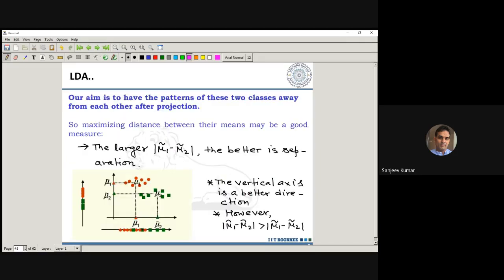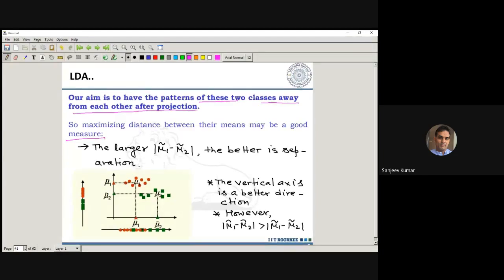Now, our aim is to have the patterns of these two classes away from each other after projection. So maximizing the distance between their means may be a good measure. What I want to say is, I am projecting onto a line.